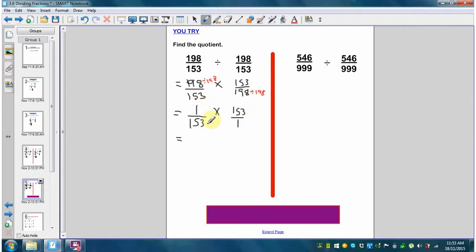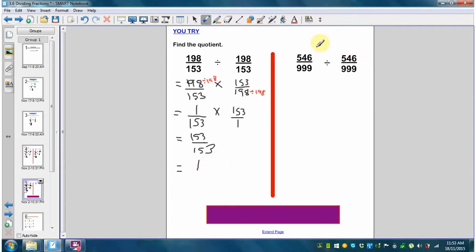I'm going to go top by top is 153. Bottom by bottom is 1 times 153 is 153. And then I'm going to look at that, and I'm going to say 153 divided by 153 equals 1.